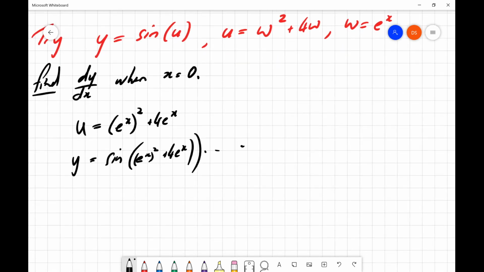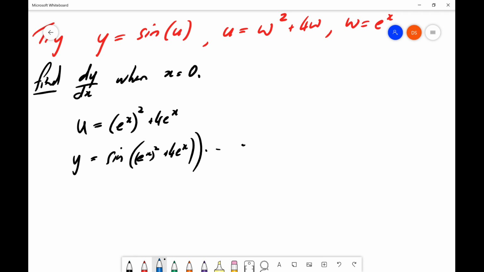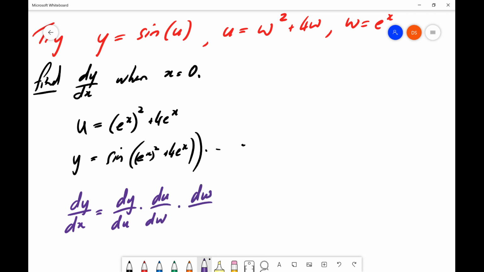Or I could notice that to get dy by dx, I can go dy by du, then du by dw, and then dw by dx, and multiply them together. And these things cancel.